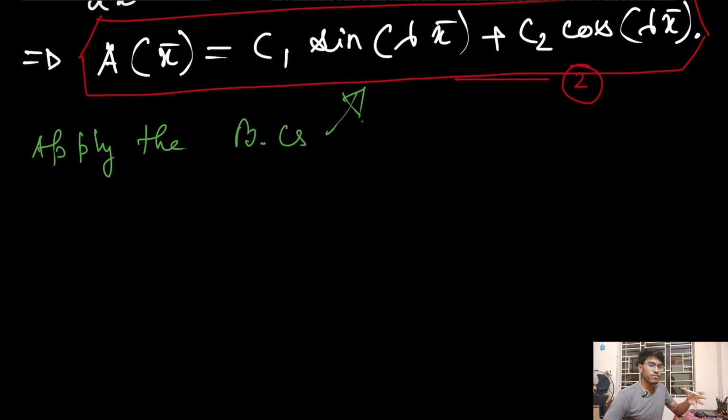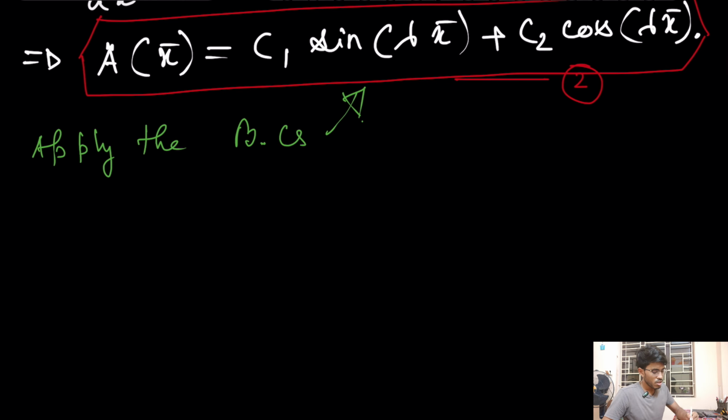Because a is the function that is making theta 1 x dependent, right? So the boundary conditions which are for the x bar variable only will be applied on this a.